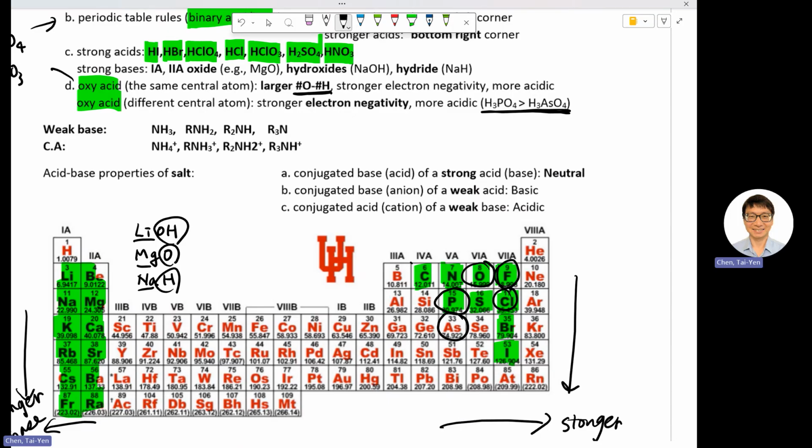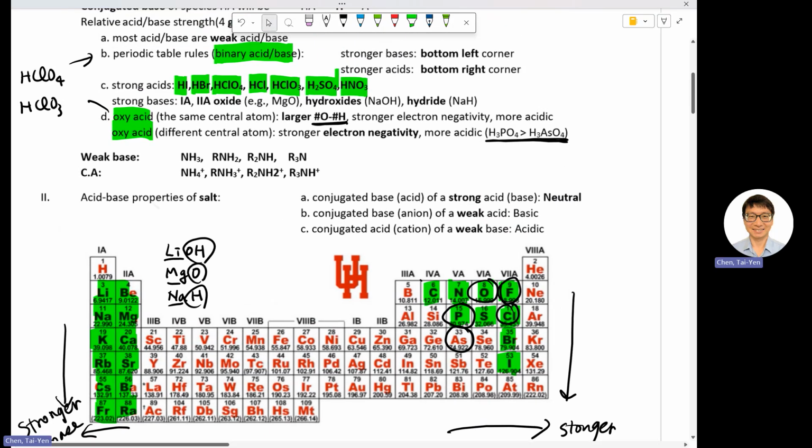Since phosphorus belongs to the atoms that have stronger electronegativity, therefore it will be a stronger acid. Okay, so some people get confused about this order. Those are the 4 rules that you need to memorize.